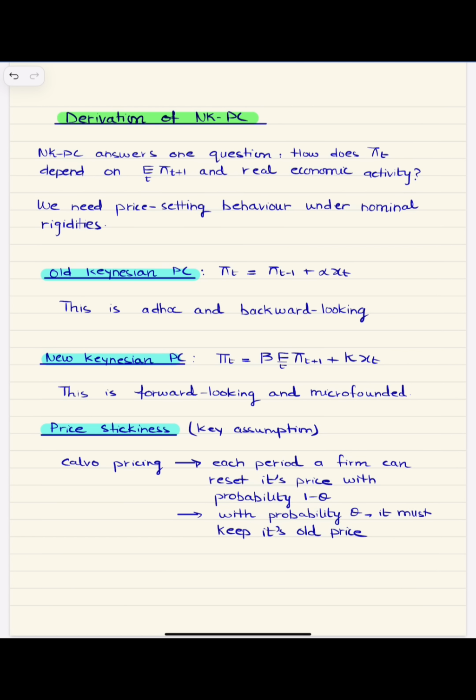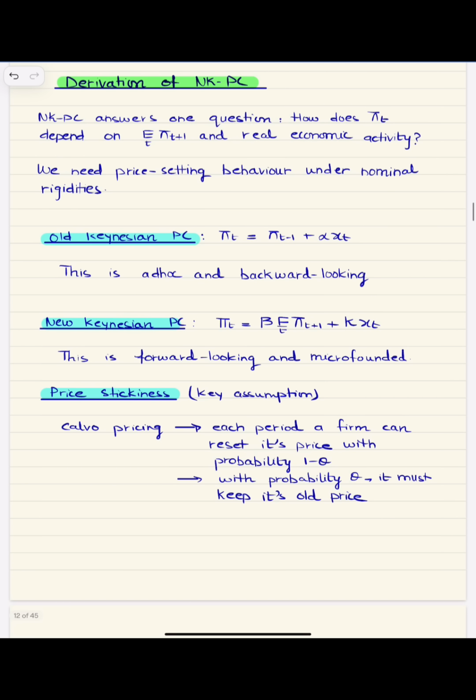Remember that the Phillips curve answers just one question: how does current inflation depend on the expectations of future inflation and real economic activity? So we need price setting behavior under nominal rigidities. This is what the Keynesian economists have assumed. Remember, the old Phillips curve was backward looking and ad hoc.